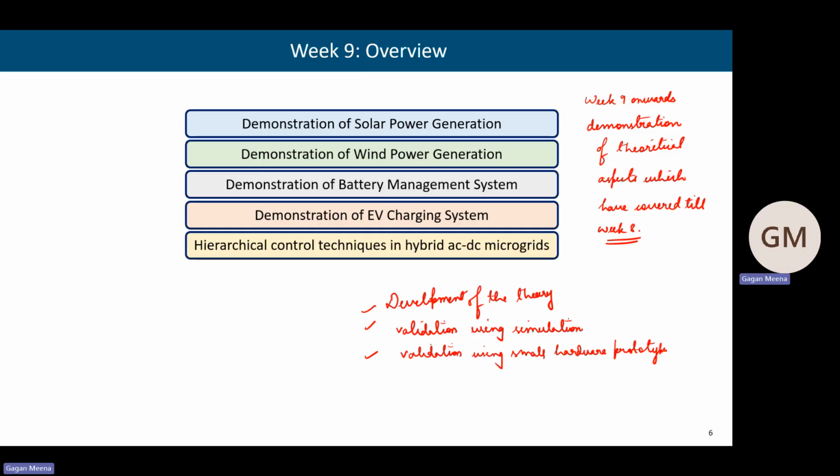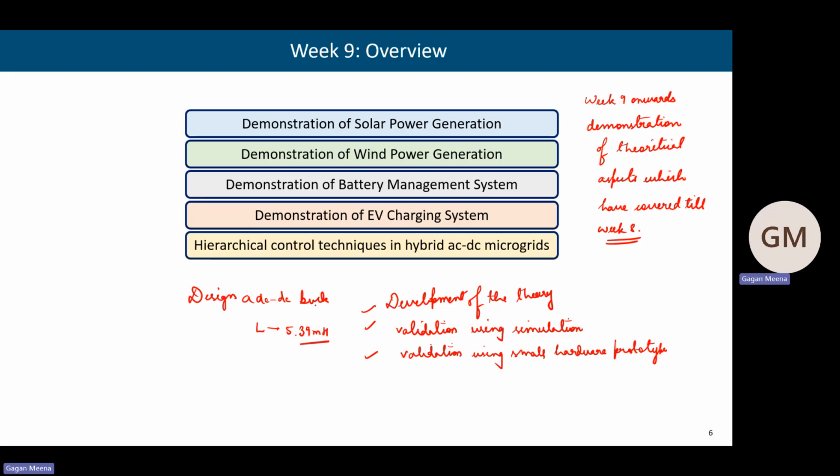For example, while calculating the values of L or C, let's say we are designing a DC-DC buck converter, and for that we need to find the value of L and C. Let's say the value of L comes out to be 5.39 millihenry.